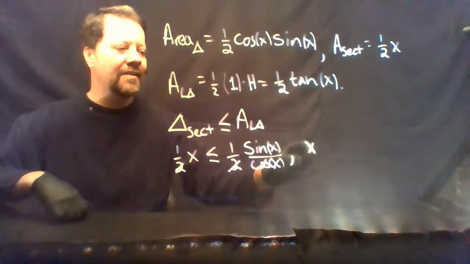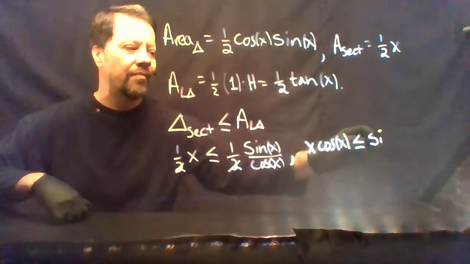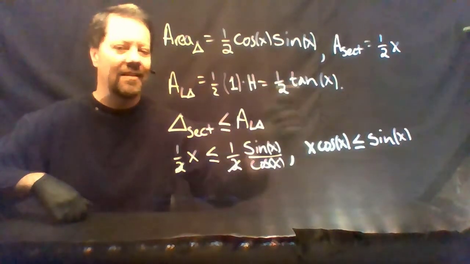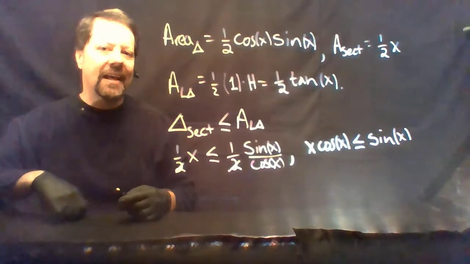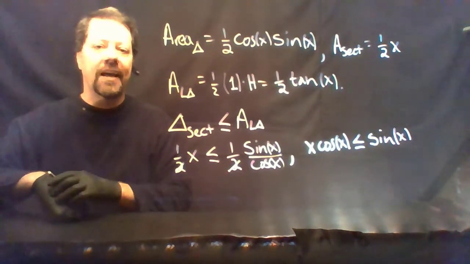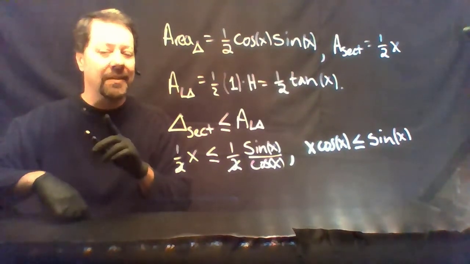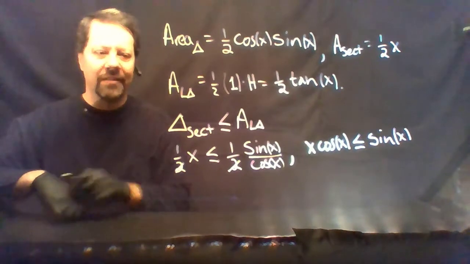and we can multiply it over without worrying about changing the direction of the inequality. We'll have x cosine of x is less than or equal to the sine of x. And also, we're going to divide both sides by x, keeping in mind that we specifically have assumed that x is positive for now. So dividing by x will not change the direction of the inequality.